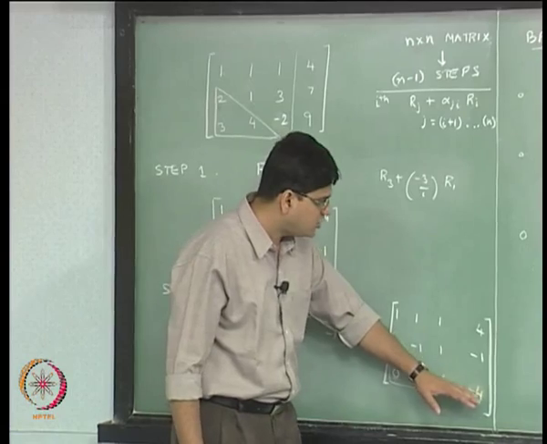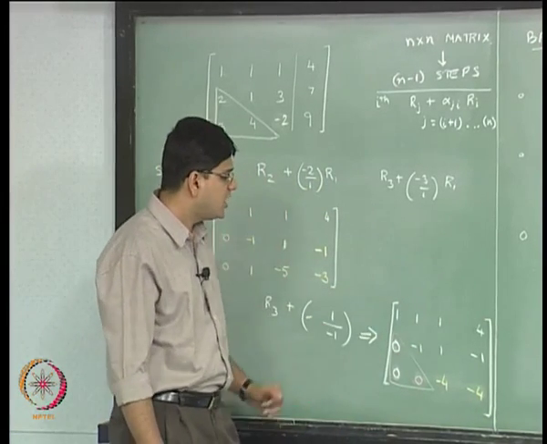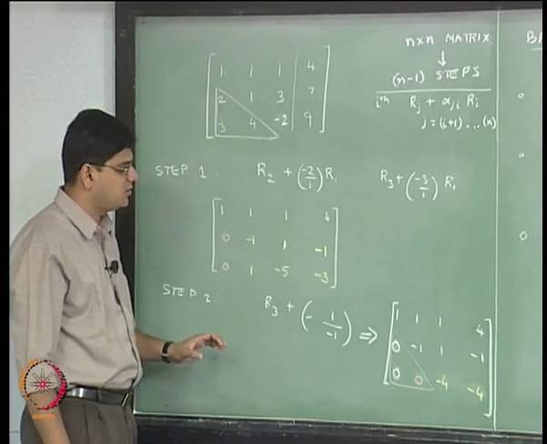We did not use the ith row to do any changes in any of the upper rows. So that is what we actually did in the Gauss elimination process.